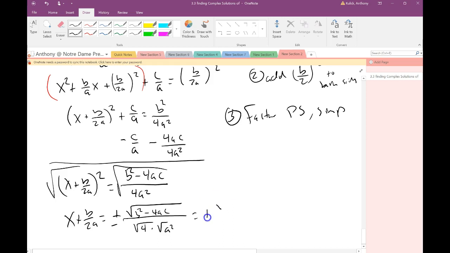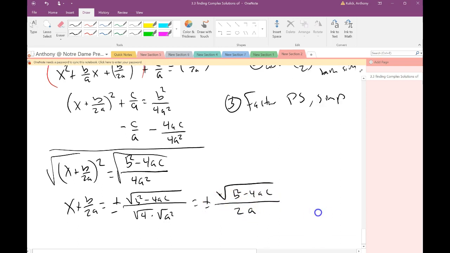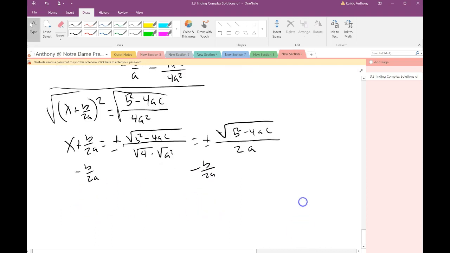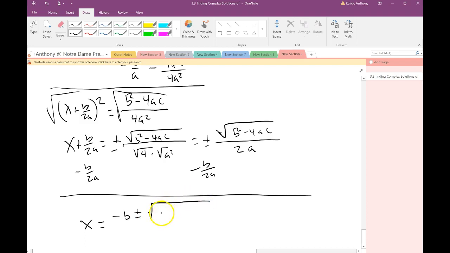So I have plus or minus square root b squared minus 4ac all over 2a. And now if I subtract b over 2a from both sides, I get x equals negative b plus or minus square root quantity b squared minus 4ac all over 2a.